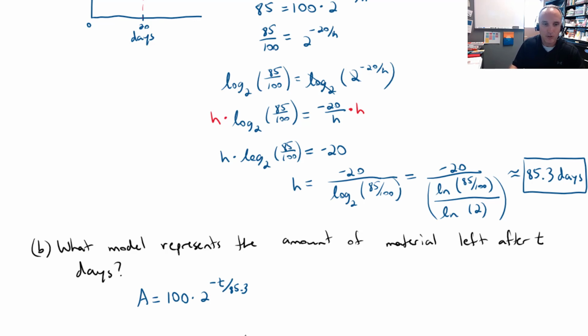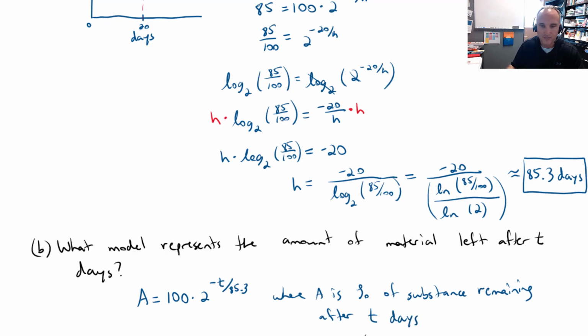And by the way, A would be the percentage, so we could say where A is the percent of the substance remaining after T days.